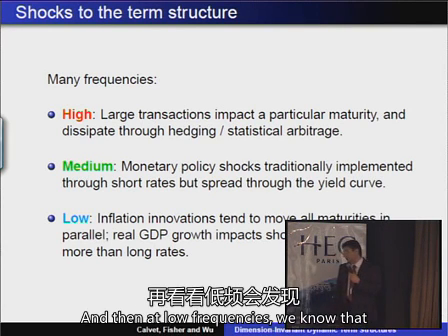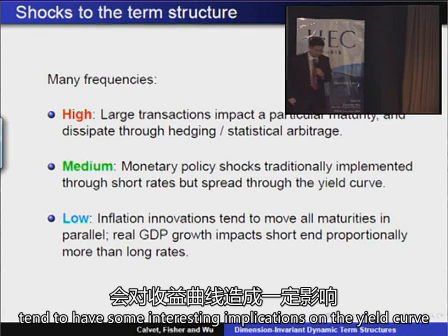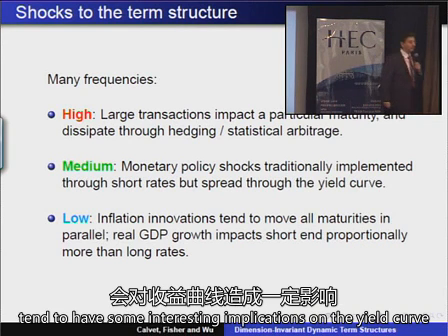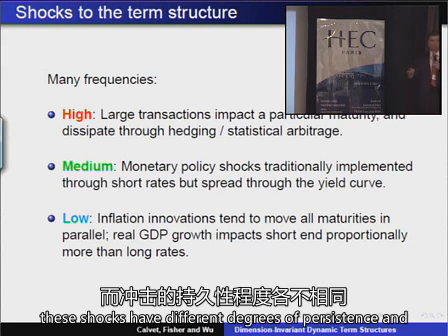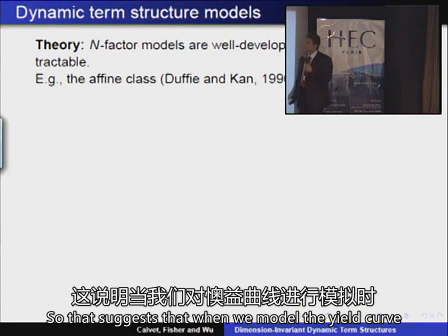And at low frequencies, inflation and real GDP growth tend to have some interesting implications on the yield curve. So we have these shocks. The shocks have different degrees of persistence, and they affect different segments of the yield curve in different ways.